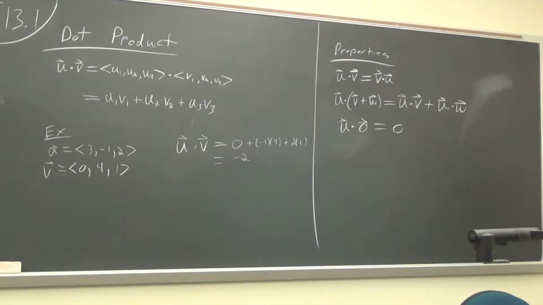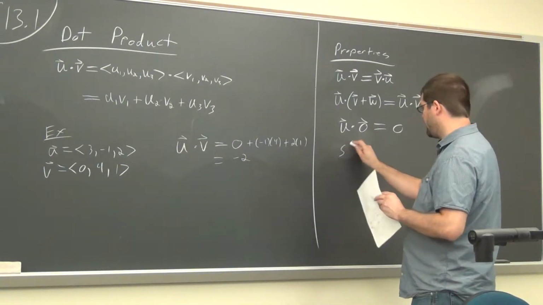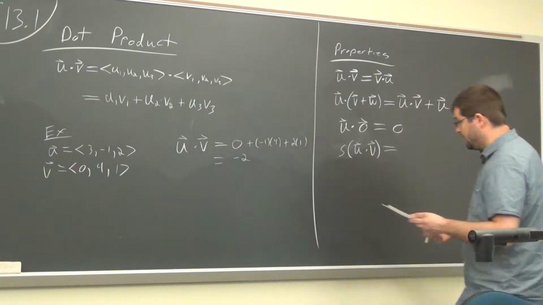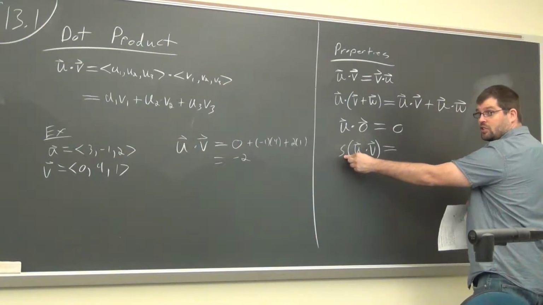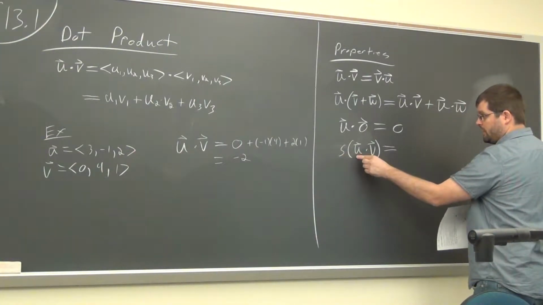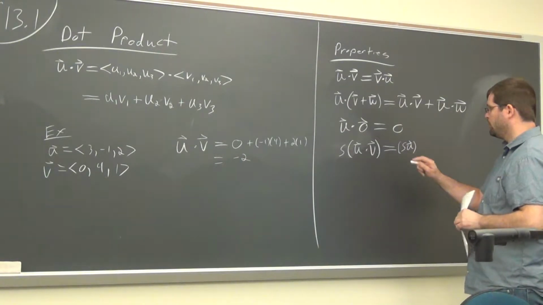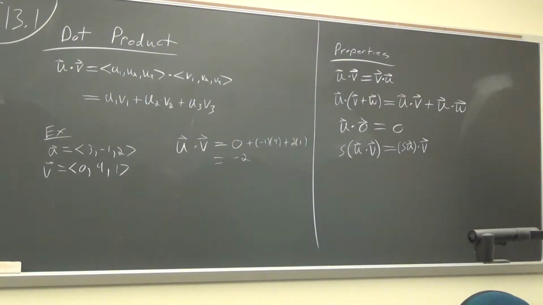I should mention too, everything we're doing here in 2 or 3 dimensions extends to more dimensions if you're working with bigger vectors. I don't think we make a ton of use of larger vectors, but just in case, all of this expands. Remember, you can multiply vectors by a scalar. In this case, s is just a number. If I take a dot product and multiply it by a number, that's the same as first multiplying one of the vectors by that number and then taking the dot product.